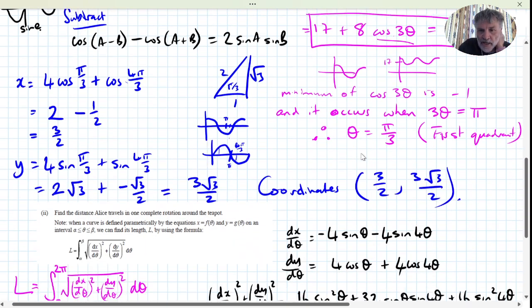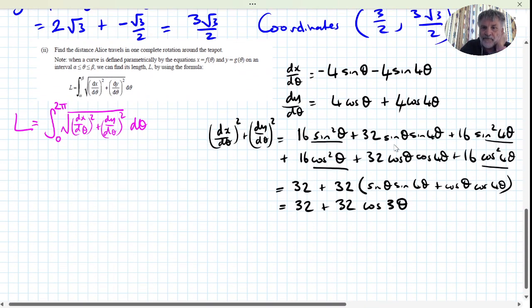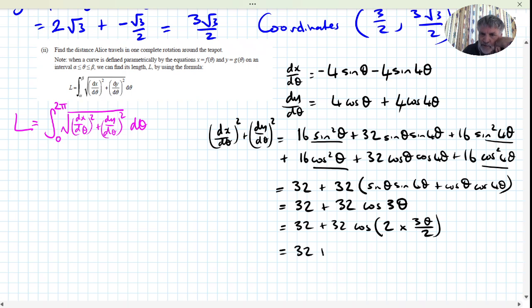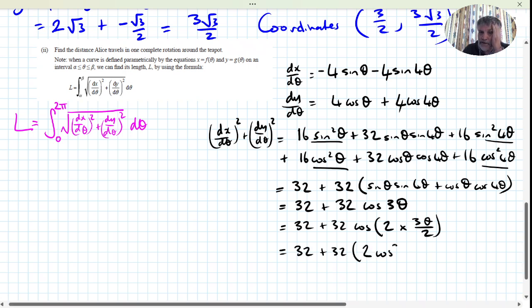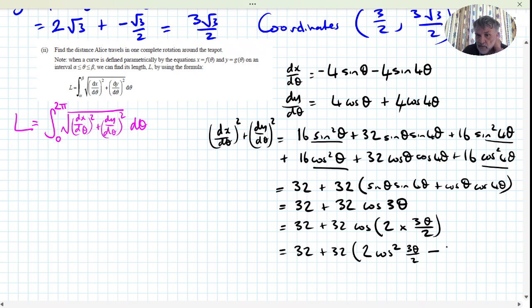How we use that trick here is that we rewrite this as 32 plus 32 cosine. We want a 2. We don't have a 2. We just put it in and halve the angle. So 2 lots of half this. And then this is 32 plus 32 cosine double angle. You can rewrite that as 2 cosine squared of half the angle, and then minus 1.